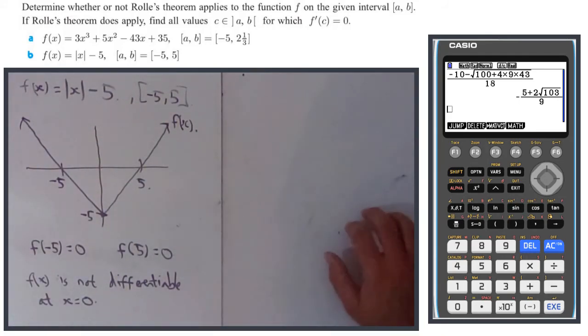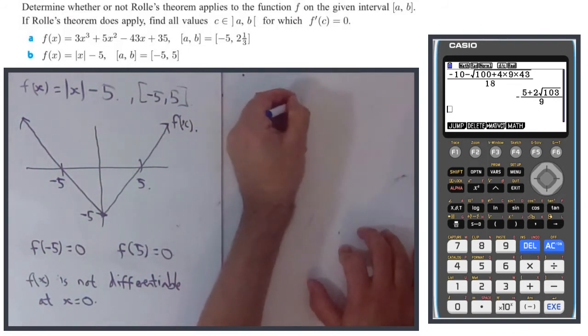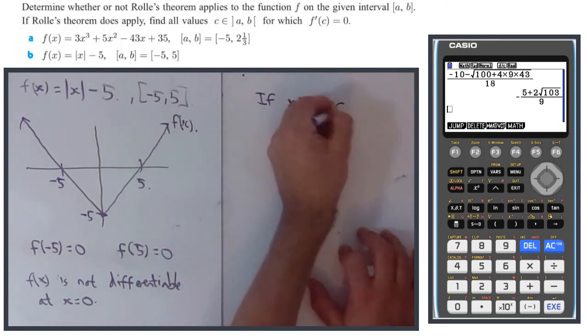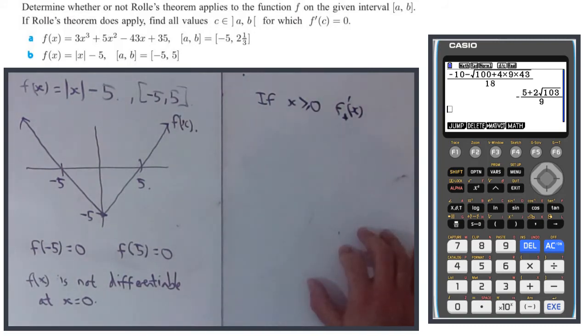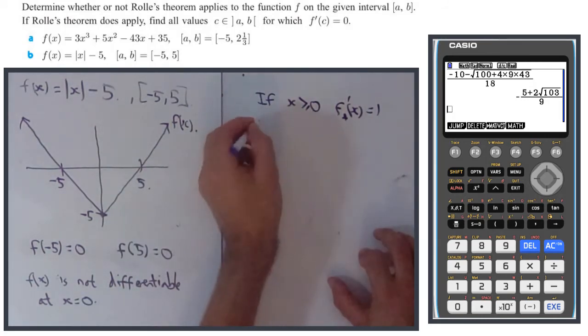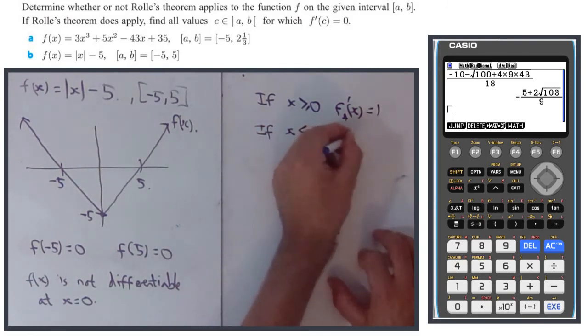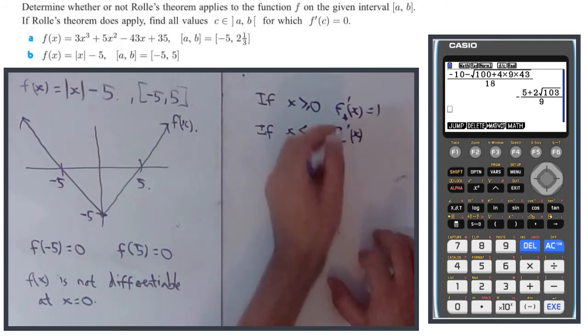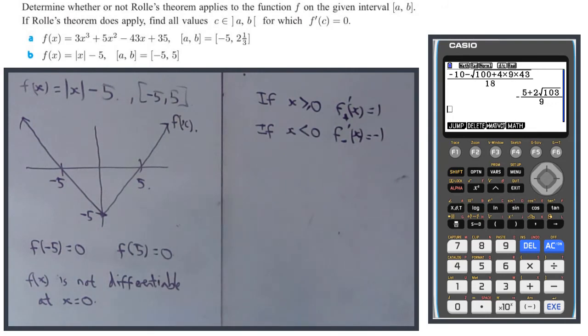So if x is greater than or equal to 0, f dashed x, when we look from the right hand side or from something greater than 0, equals 1. So all the way on this side it equals 1, and if we look the other side, if x is less than 0, f dashed x from the left hand side or from less than 0 equals minus 1. So that is showing us that it's not differentiable in this open interval.